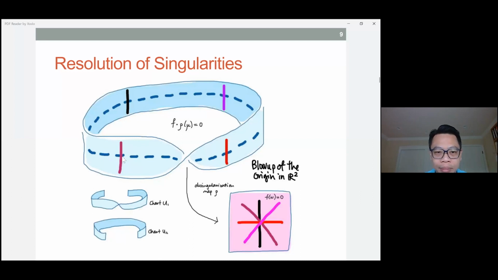For instance, in this picture, we have intersections of these lines that look like intersections of lines in 2-space.